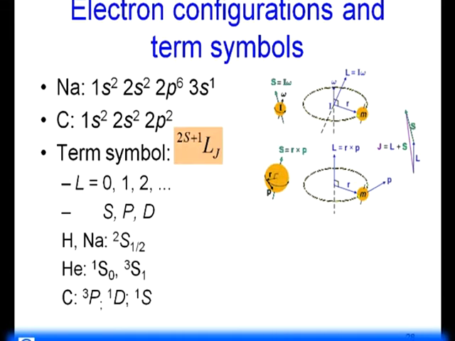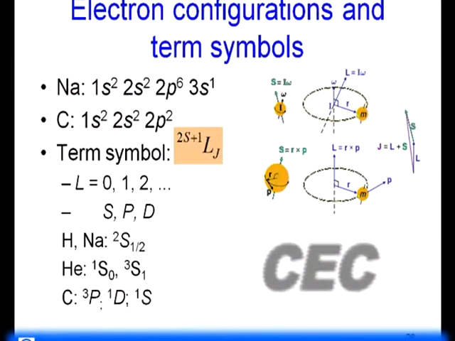Now there is a single electron, and this is in an s orbital, so its total orbital angular momentum L is equal to 0, because for s the angular momentum is equal to 0. There is a single unpaired electron which will have an S value of 1/2, so 2S plus 1 will become equal to 2. J is the total angular momentum, which can take on values starting from L plus S, if they are in the same direction, to L minus S, and the values in between by subtracting 1 each time.